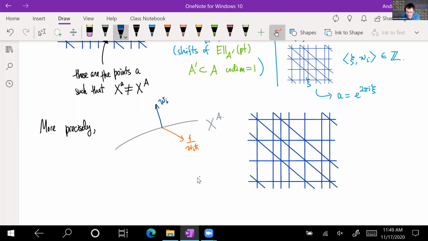For every weight here, there is exactly a parallel one.